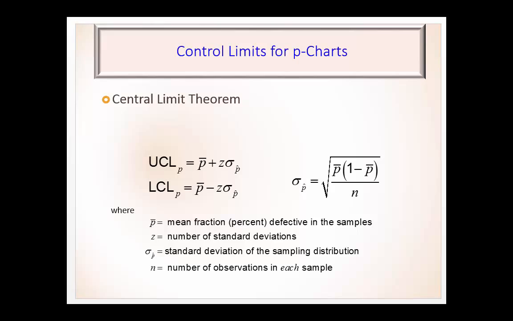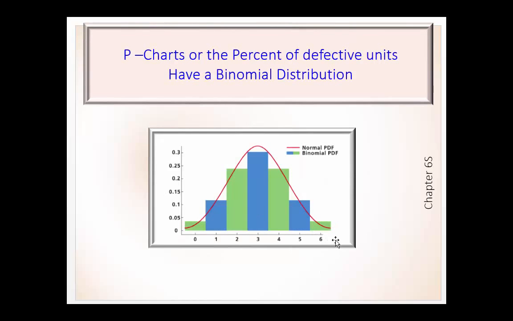So for P charts, we can create control limits, and we can do this because of the central limit theorem and because we know it has this binomial distribution. The central limit theorem enables us to assume a normal distribution for the sample statistics that we're after, and we know from the previous slide that with enough observations we're going to have a collection in the center, just like we have learned before with the normal distribution.